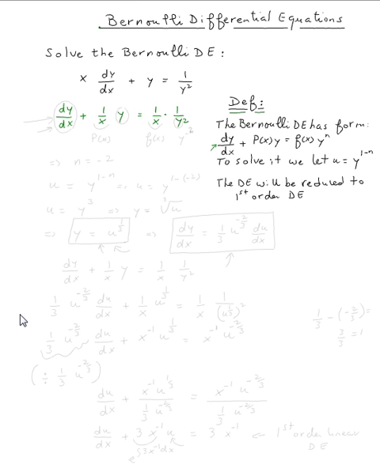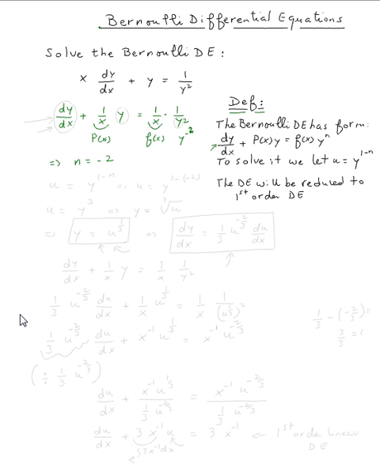So you can tell it is a Bernoulli. Why? Because 1 over x happens to be p(x), and 1 over x happens to be f(x), and 1 over y squared is the same thing as y to the negative 2. So n is equal to negative 2. So we know it's a Bernoulli differential equation.